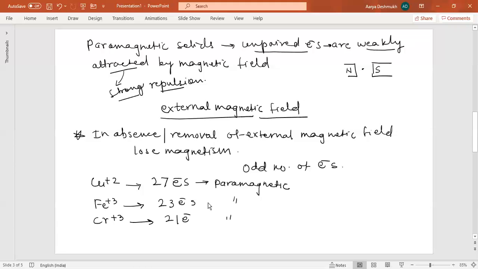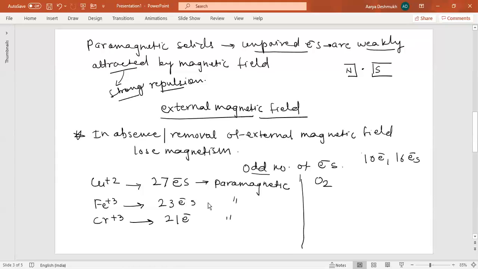Okay. Now there are some exceptions to these also. There are some substances which are showing an even number of electrons, but still they are paramagnetic in nature, like oxygen. So 10 electrons and 16 electrons.